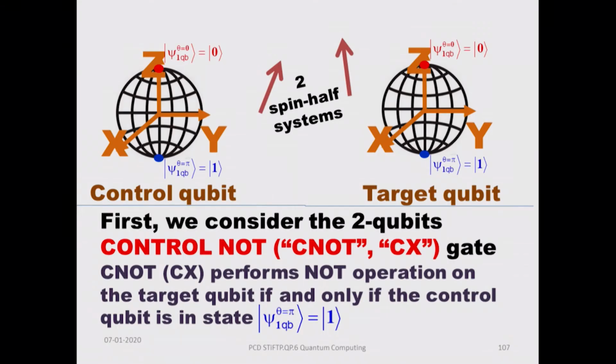And in this you use the 2 qubits. You identify one as the control qubit and the second as the target qubit. And what the control NOT gate does is that it performs operations on the target qubit if and only if the control qubit is in a pure 1 state.